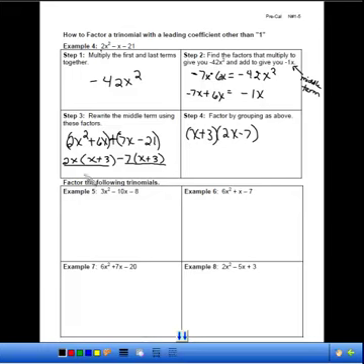Alright, so here are four more examples. That one was step by step; these are not. Okay, multiply. We have 3 times negative 8, so that's negative 24x squared. I'm going to write it out here to the side. It has to add to be negative 10x. So what two factors would multiply to be negative 24 and add to be negative 10?